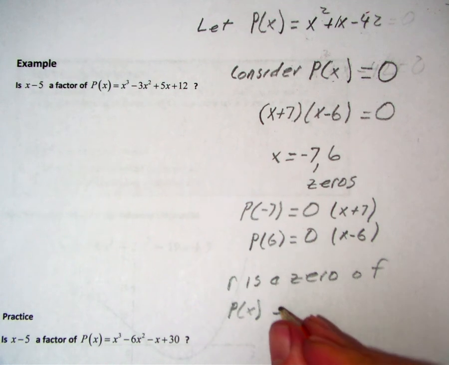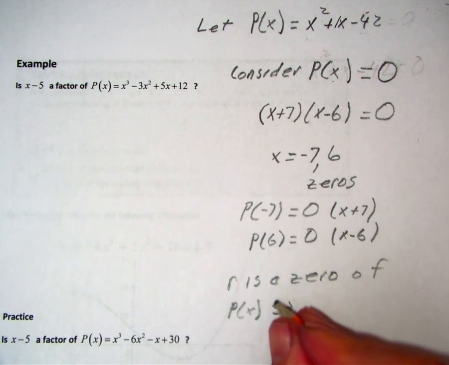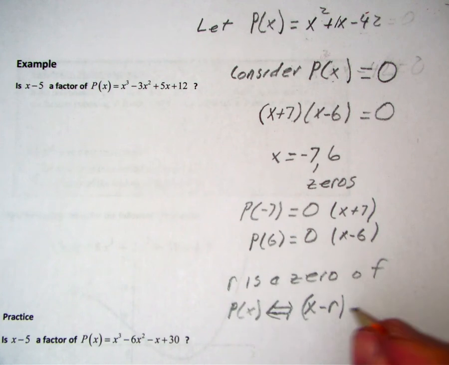I use this double arrow just to indicate what we call logical equivalency. If and only if, this means they're equivalent, x - r is a factor.